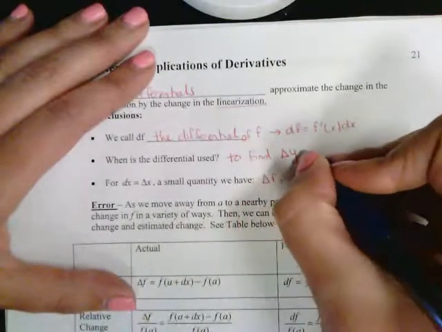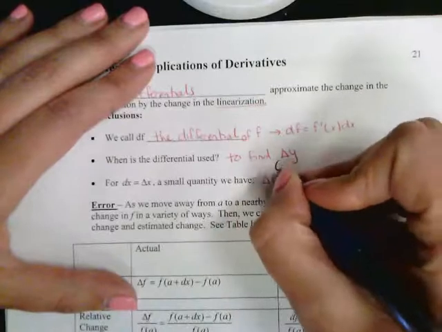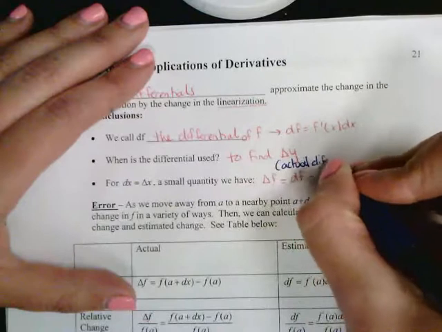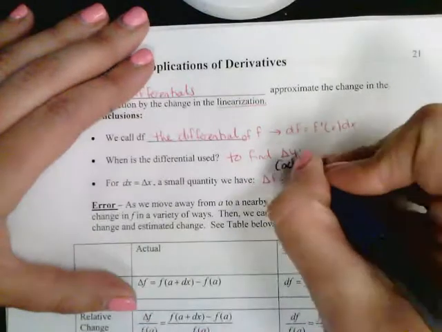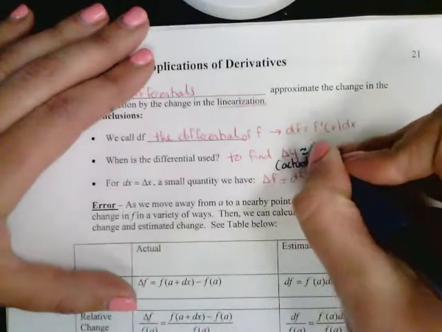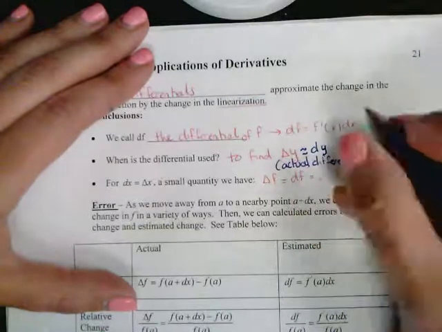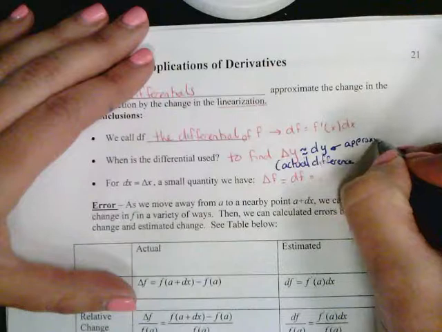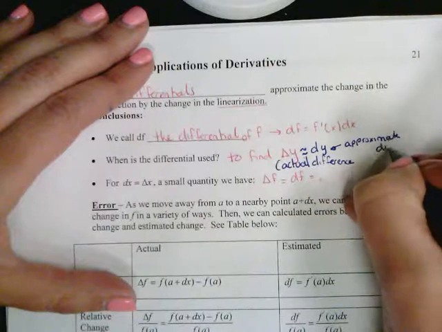Now change in y is the actual difference. So by finding dy, this is the approximate difference.